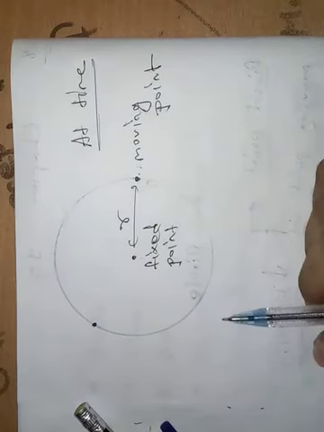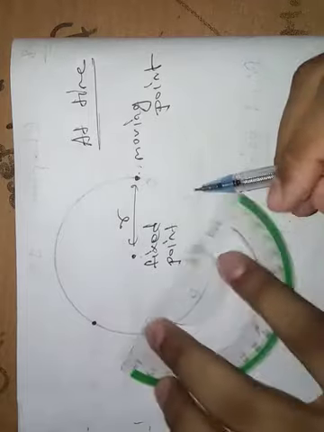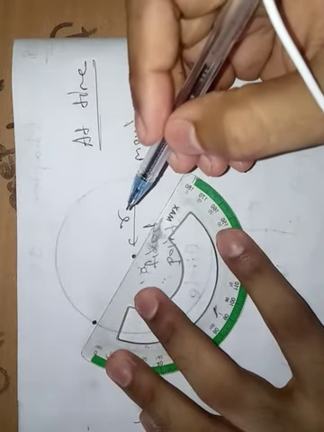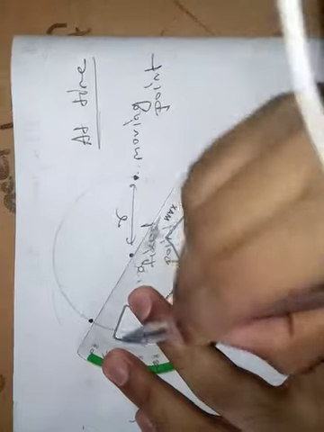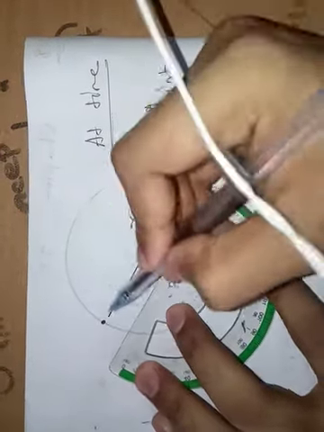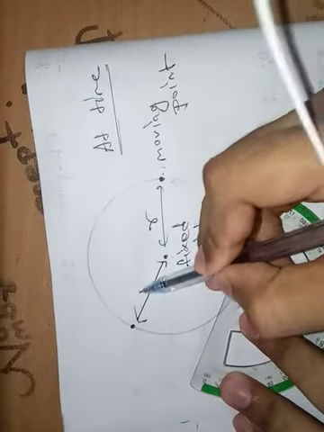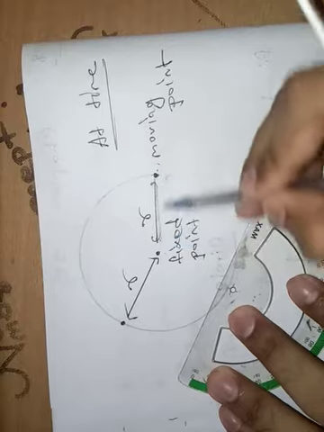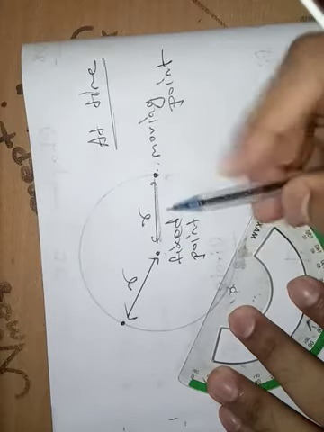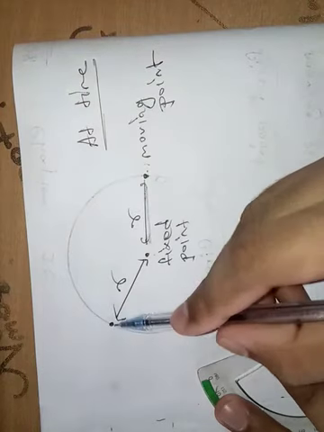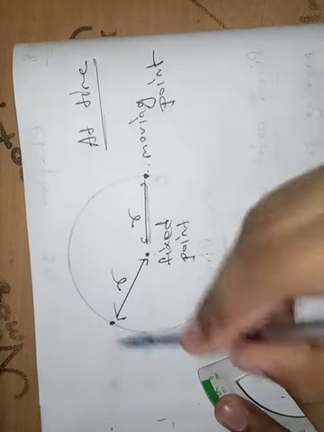Now if I measure the distance between the moving point and fixed point, it will be R. Well, now after 10 seconds, let the moving point's position be here.